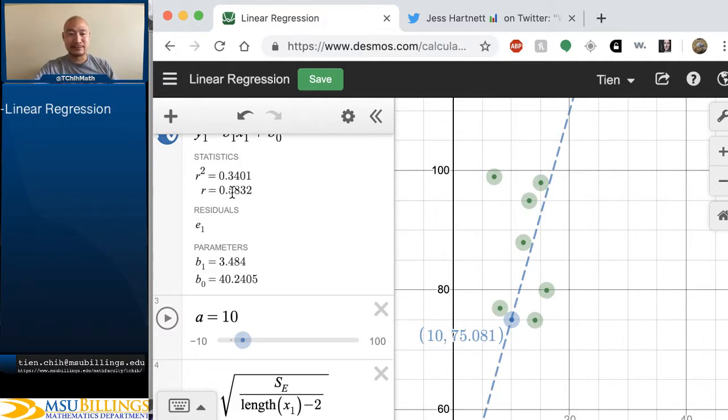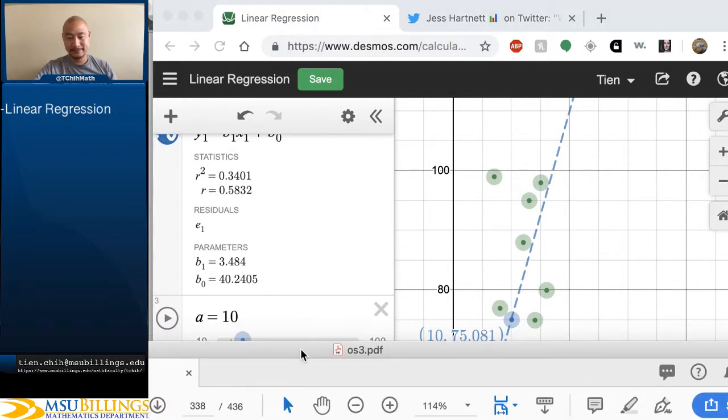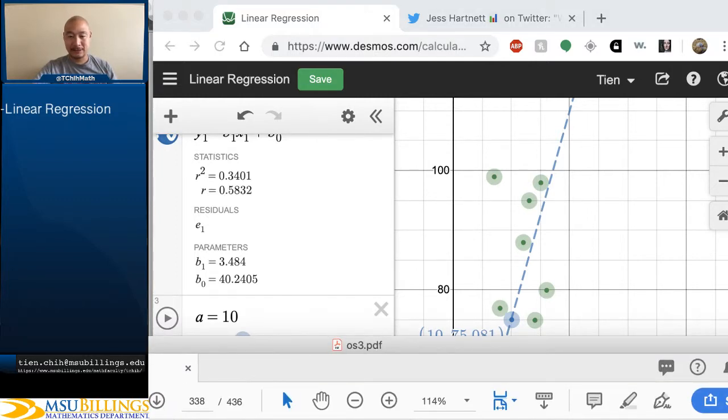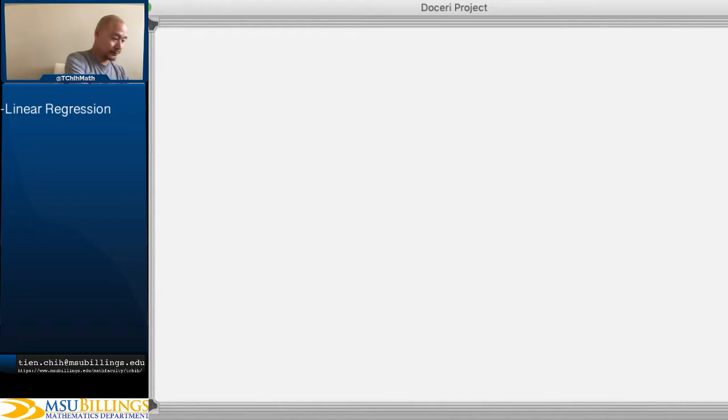So that's where these parameters here, the r and the r squared, come in. And so r is the correlation coefficient.